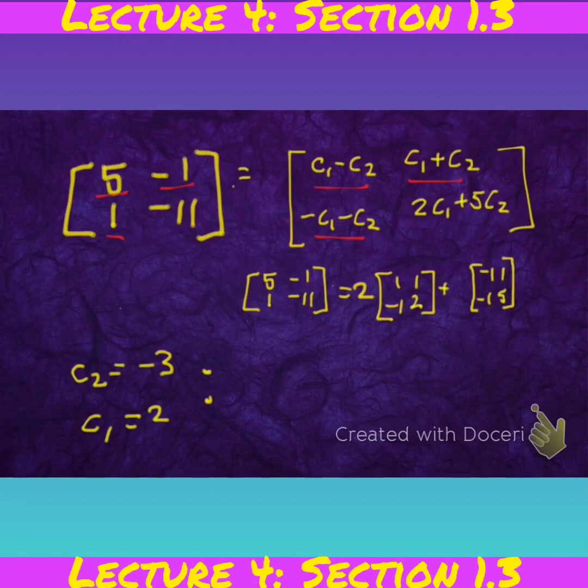So you take minus 3 there and replace that term with minus 3. So the matrix on the left is a linear combination of the two matrices 1, 1, minus 1, 2, and minus 1, 1, minus 1, 5.